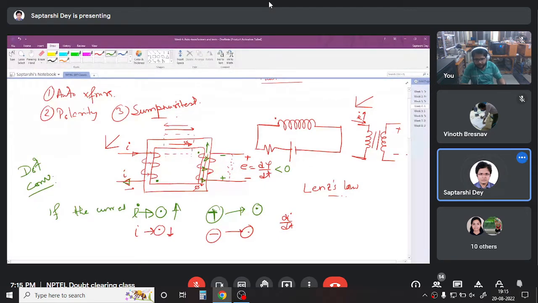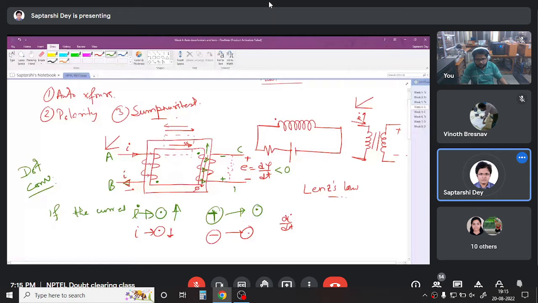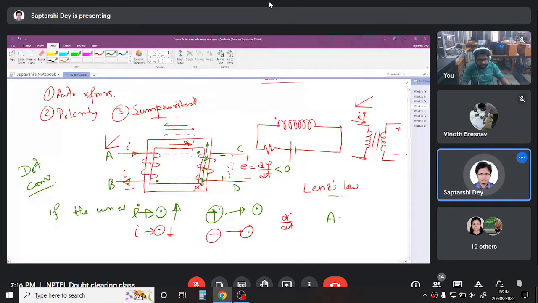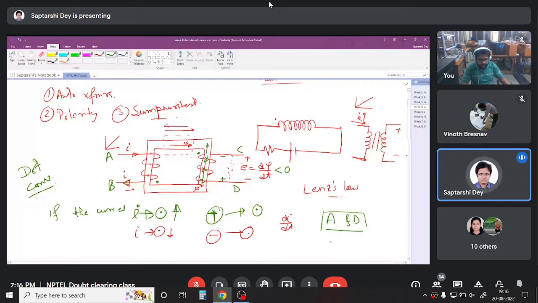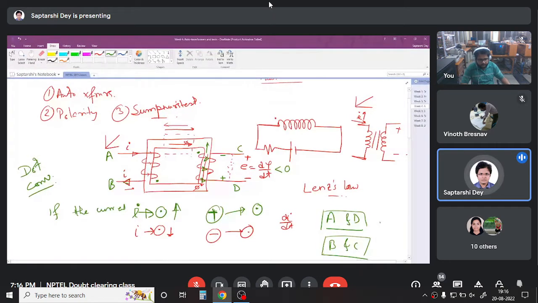So you see, it doesn't matter whether I give dot here and here. Say I am naming this A, B, C, D. So whether I give dot at A and D, or whether I give dot at B and C, it doesn't matter. Both of them represent the same thing.